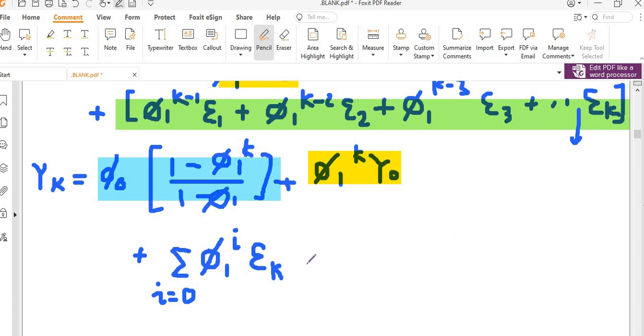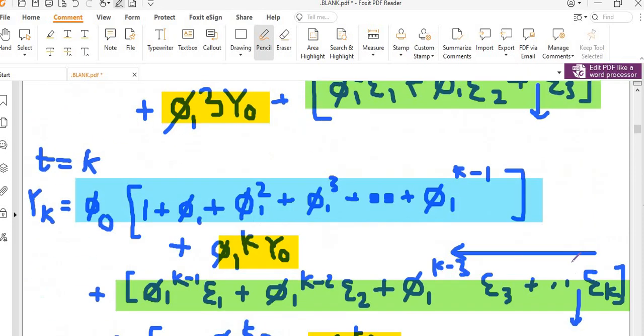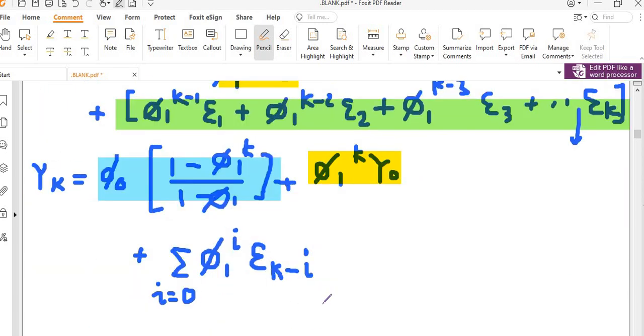So you have to put some minus I along that. Now let us check. If I increases, this k minus I falls. So if I increases along this direction, we have k, then k minus 1, and it will keep falling. So this part is consistent.